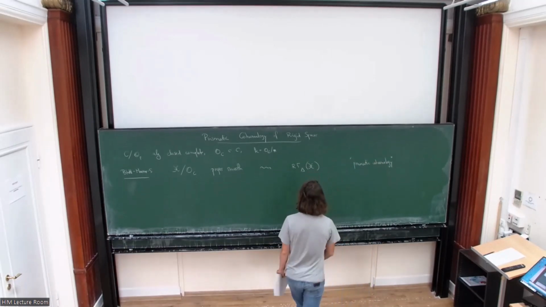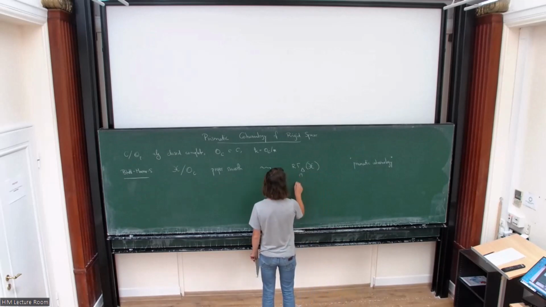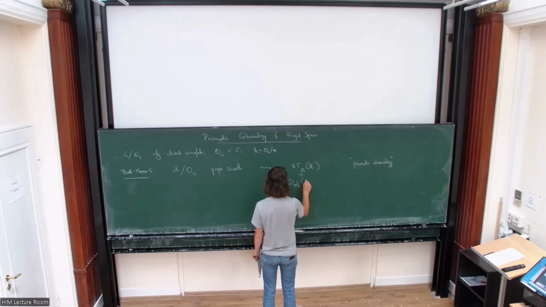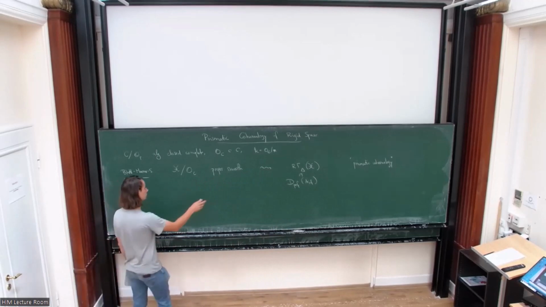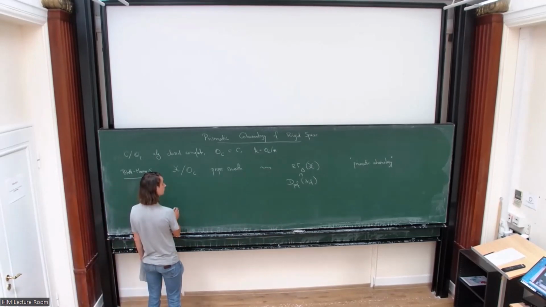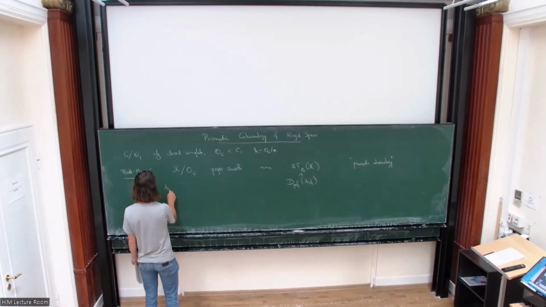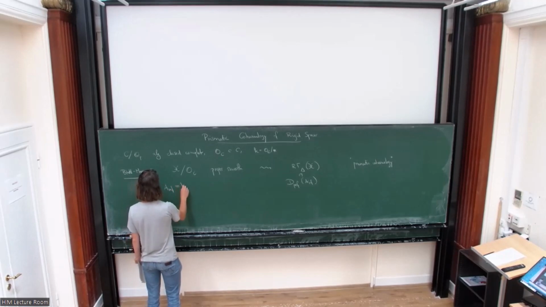So what kind of object is this? So this is an object in the derived category of A_inf-modules, a perfect complex, projective module, so a perfect object, where A_inf as usual is the ring.